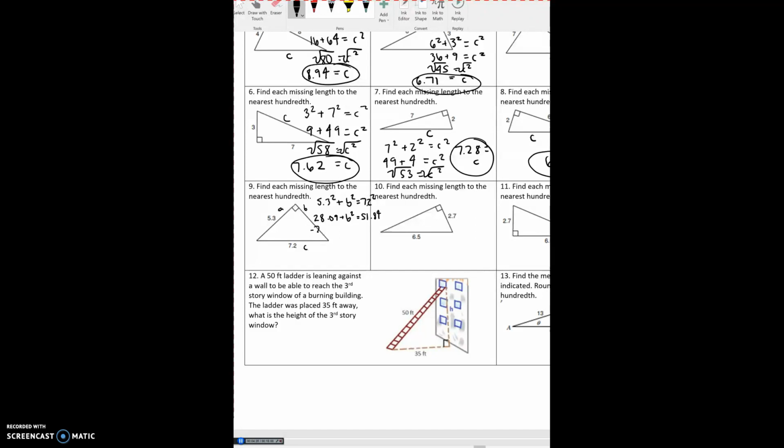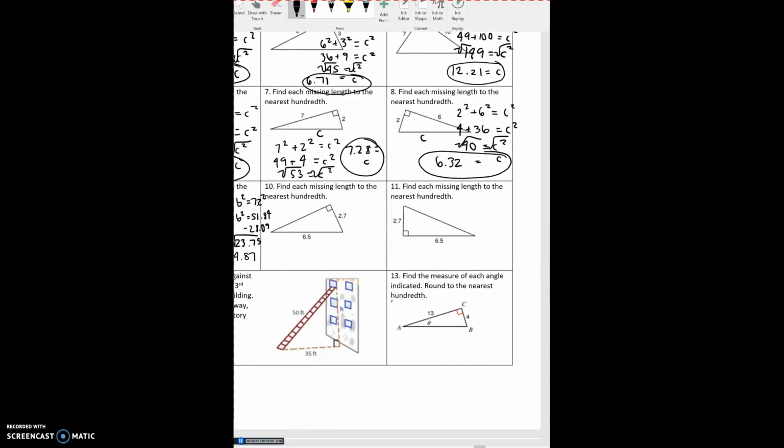We need to get b alone, so we subtract 28.09 from both sides. B squared is going to equal 23.75. Now we square root. B equals 4.87.